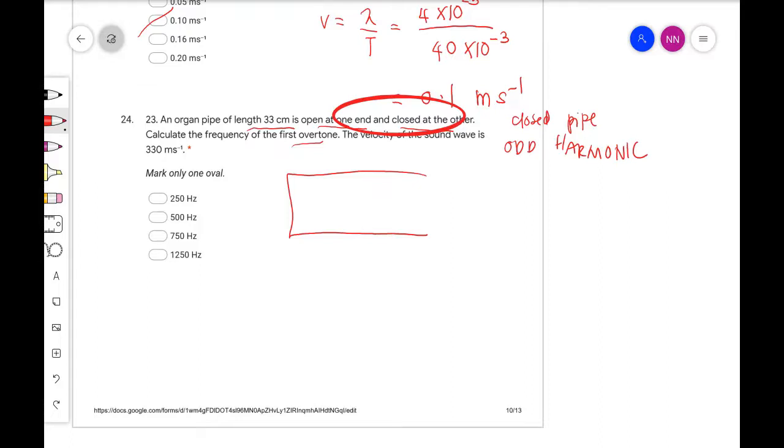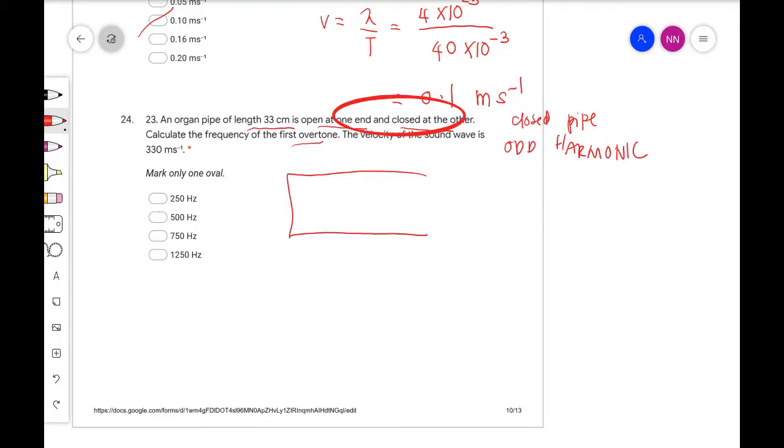So this one is the third harmonic, n equals 3. You can use the formula of frequency for a closed pipe, but this one I want to use the drawing of the standing wave. Third harmonic means we have 3 times the first harmonic: 1, 2 and 3. And then this is the reflected wave 1, 2, 3.